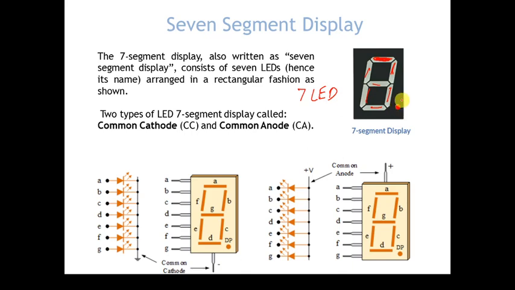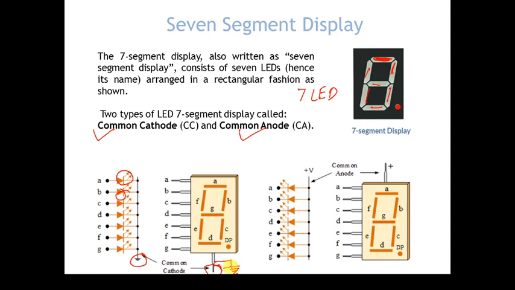In the market there are two types of 7 segment displays: common cathode and common anode. Diagrammatically, in common cathode, all the cathodes of our diodes are connected commonly, and connected permanently to the ground. Whenever we implement a PCB circuit using a 7 segment display, this common cathode we need to connect to the ground terminal.